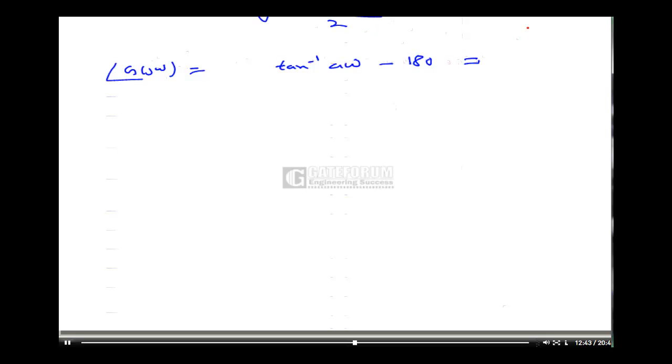This is equal to pi by 4, or 45 degrees. Now substituting this value of omega here and calculating the value of a, we can easily find the value of a.